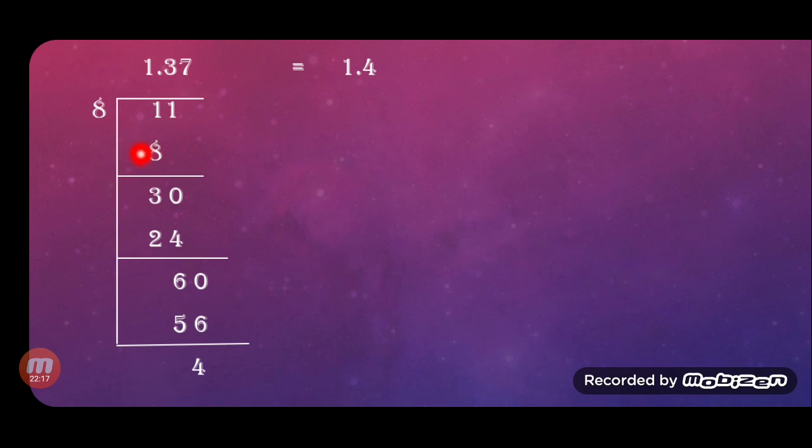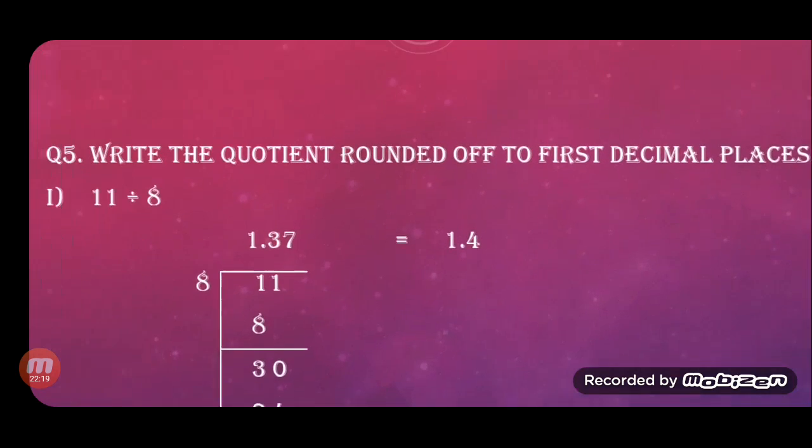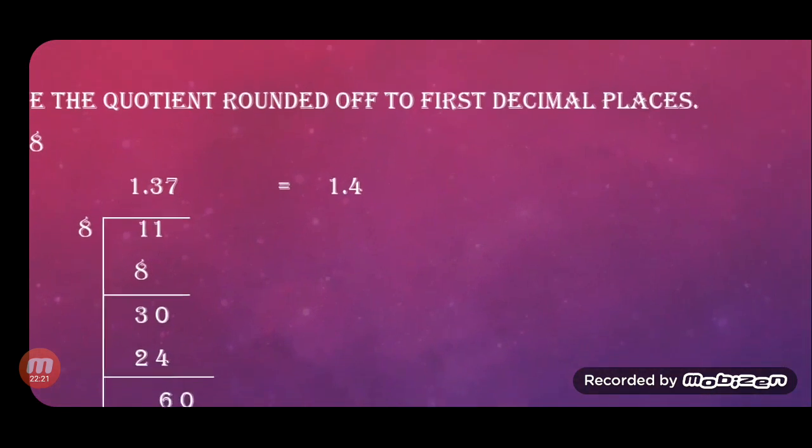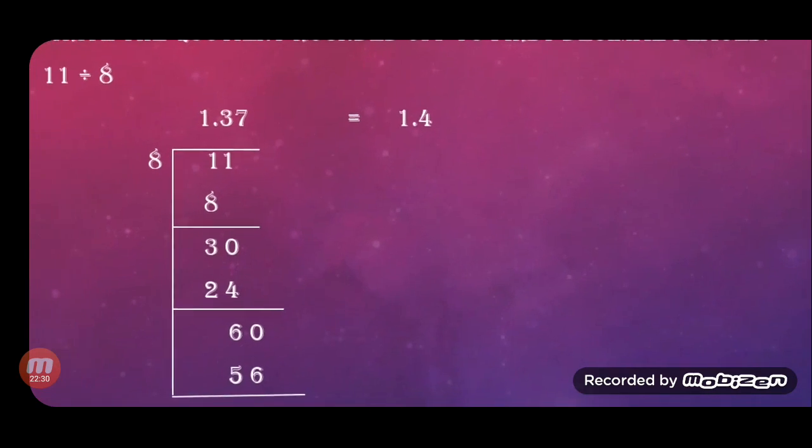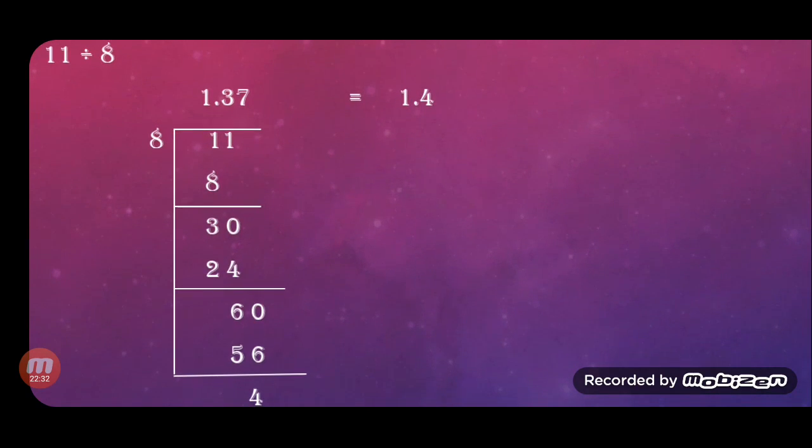Once again, children, what was the question? Write the quotient rounded off to the first decimal places. First decimal place का मतलब है tenths. So you will find the quotient up to 100ths place. Already we have learned how to divide decimal number with a whole number.